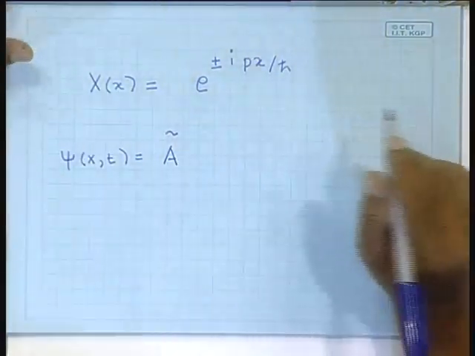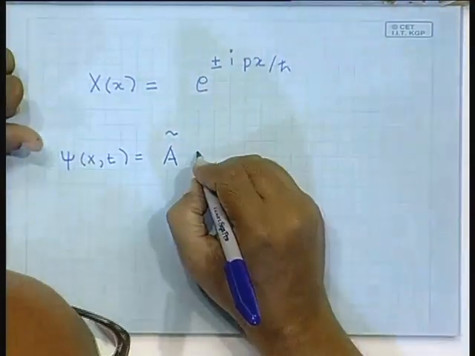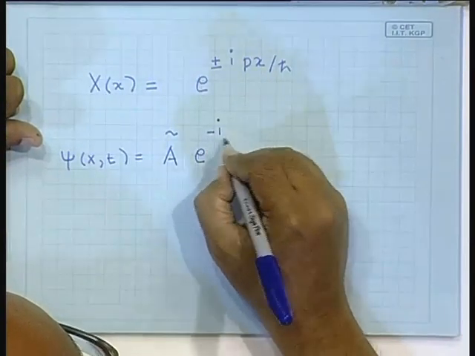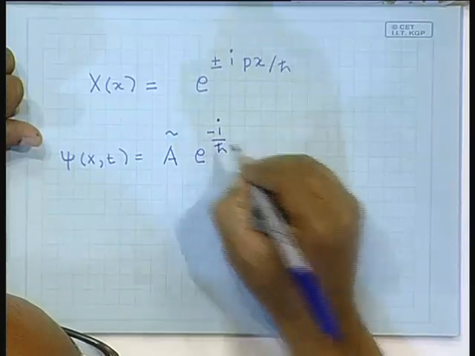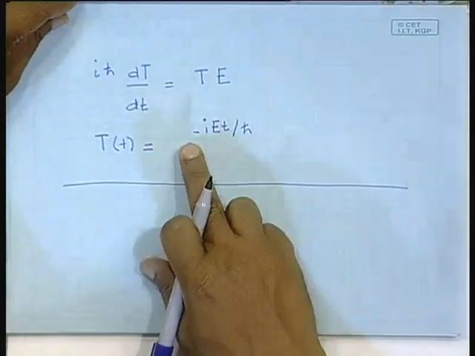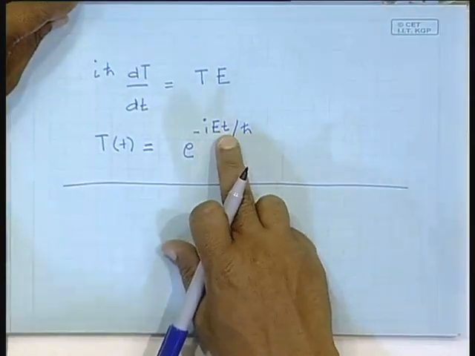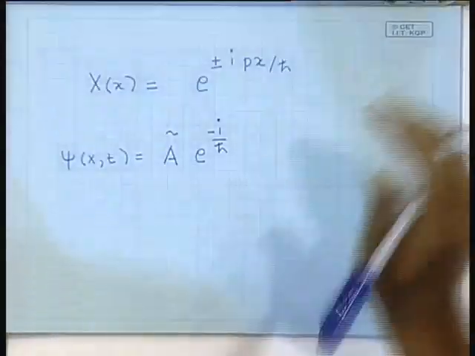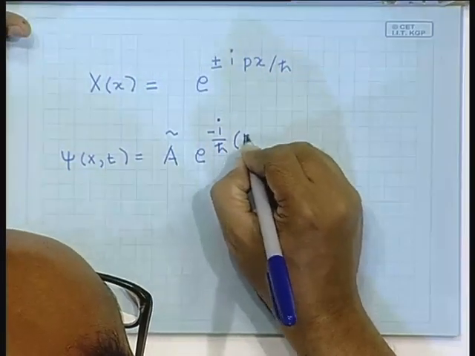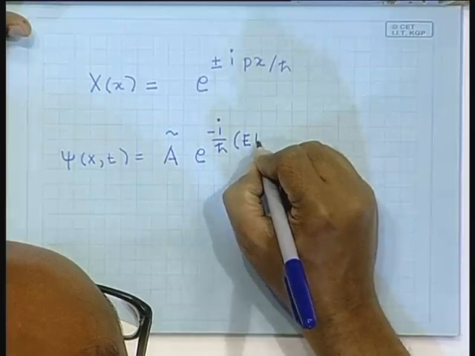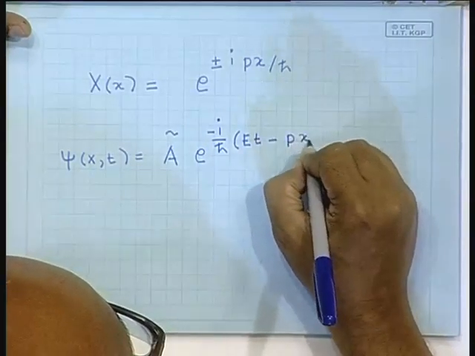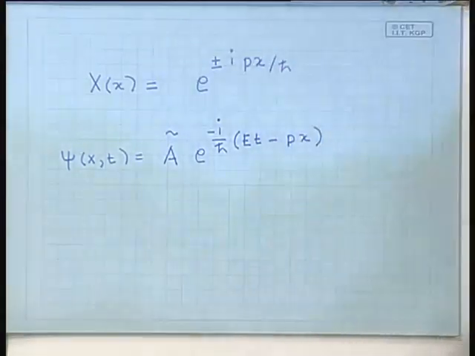I can take the product of those two constants and get another constant, e to the power minus i by h cross. So, I am writing the temporal part first. The time part is minus i E by h cross into t, which I have written as minus i by h cross E into t, minus p into x, which is the spatial part.